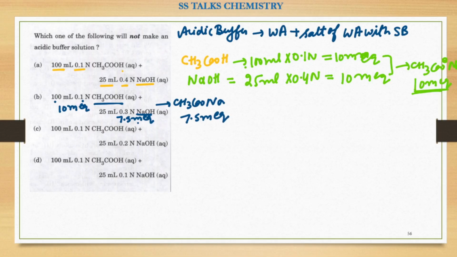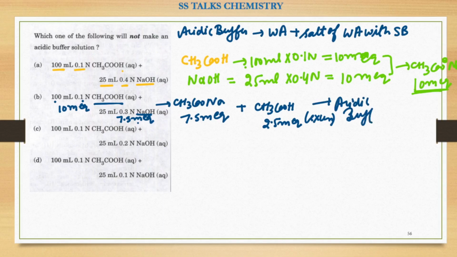The excess acetic acid is still present, so it can give us the acidic buffer solution. In the solution we will have this plus the acetic acid, which is 2.5 milliequivalents in excess. So an acidic buffer can be formed.